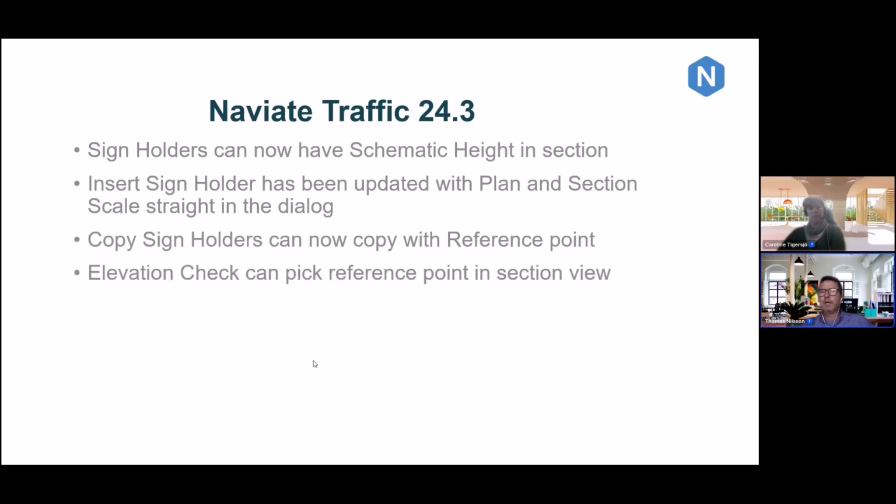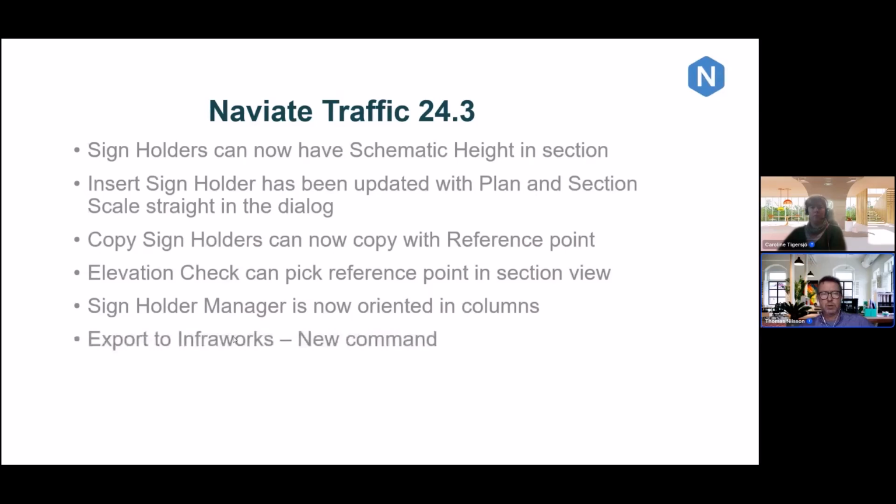Elevation check can pick a reference point in any section view, not only in plan and 3D. Sign holder manager is now oriented in columns, so it's been restructured in a way to hopefully work in a more simple fashion. And we have a new command to export objects to Infraworks.